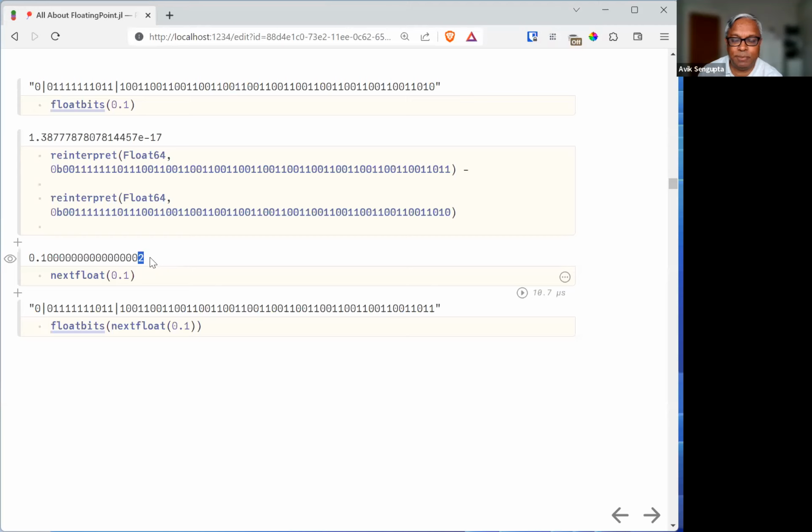But if there is 2 in this place, which is a greater number, then that is representable, and that is next float. If we compute the float bits of this next float 0.1, the difference is the least significant digit over here. So next float is: change the least significant digit of a floating point number, and that gives you the next number. Okay. Any questions so far? Hopefully this all makes sense.